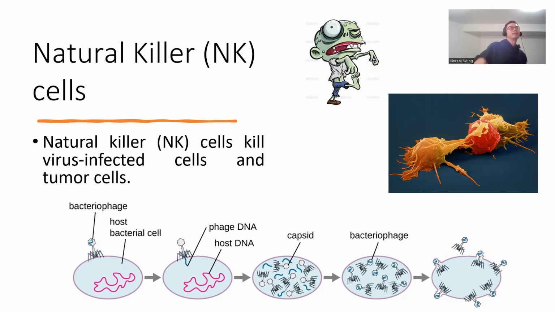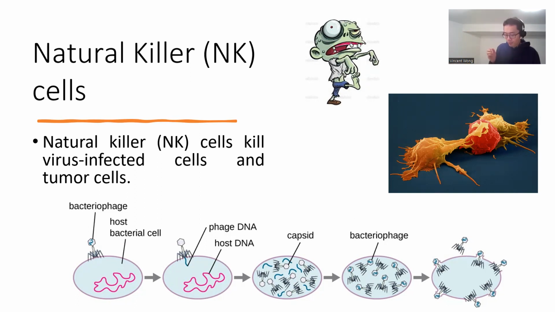Someone's best friend got bitten, and then they are saying, oh, you've got to kill me before I turn into the zombie. That's basically what the cell is doing. And so the natural killer cell will be able to pick up these distress signals of a virus-infected cell, and it will destroy them.